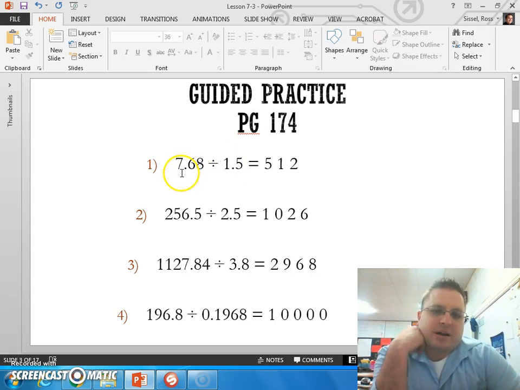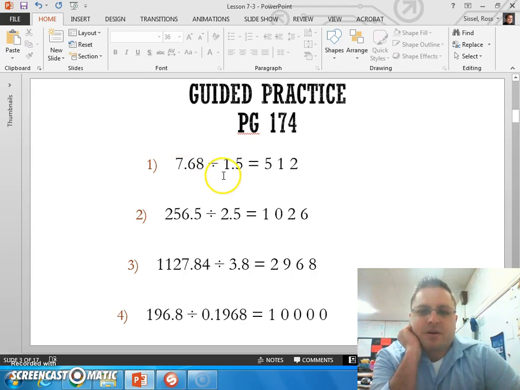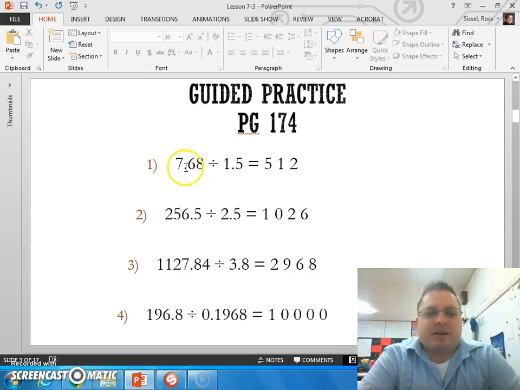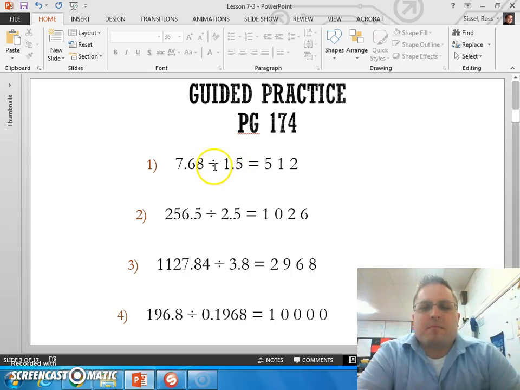I'm also having my dividend bigger than my divisor. So those pieces of information tell me a lot. One, they're going to tell me that because my dividend is bigger than my divisor and they're both whole numbers, that my quotient should be smaller than my dividend.